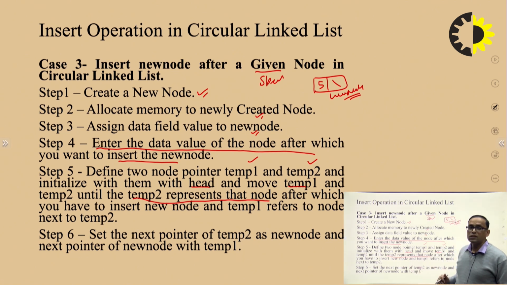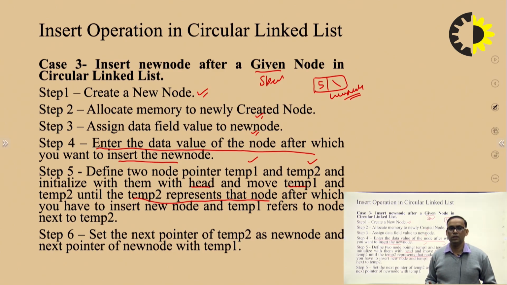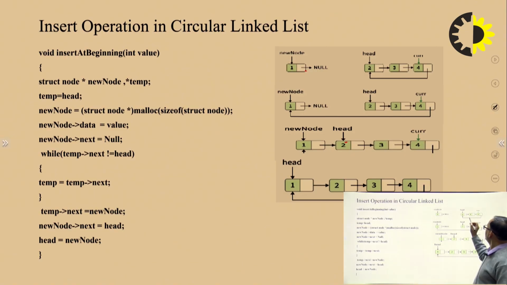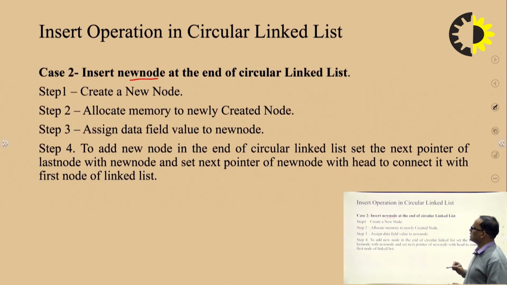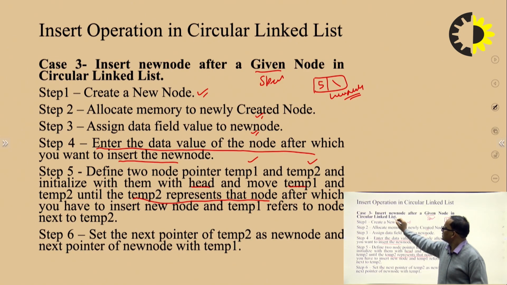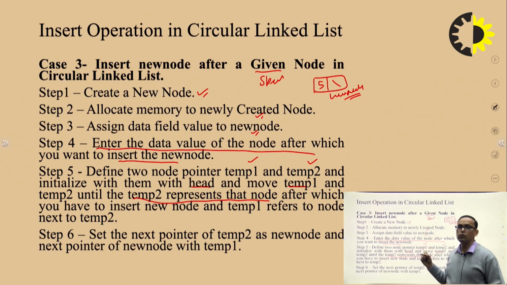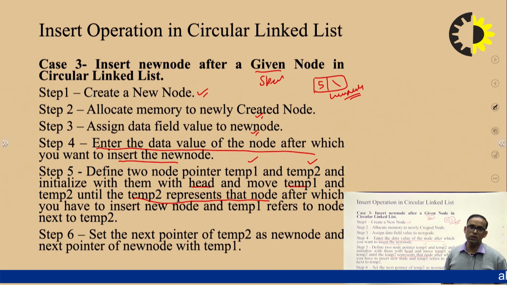Okay. Sometimes they will ask questions related to this, like insert a new node at a specified position. Suppose this is a linked list. So this is at position 1, this is at position 2, this is at position 3. Now the same case, case three, insert a new node after a given node in a circular linked list, may also be asked in the form of insert a new node at a specified position in the linked list.